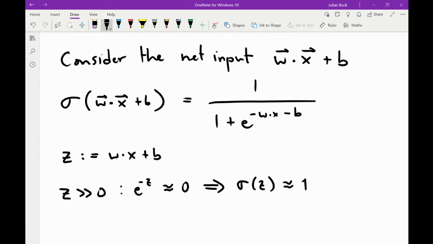So for a large net input, this outputs a signal very close to 1, the same thing the binary step would do. And if Z is large negative, then e to the negative Z is very large, approaching infinity, and so sigma of Z is close to 0. So it's producing a don't fire, just like the binary step would.